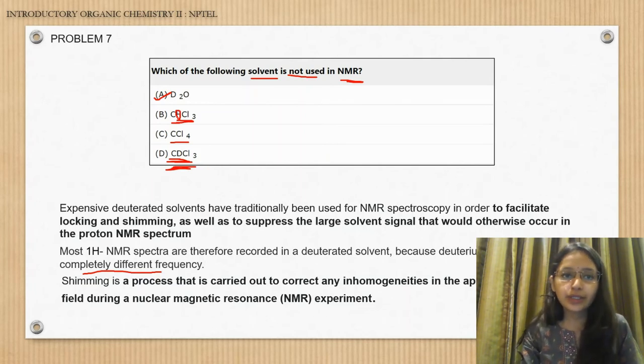Okay, so which of the following solvents cannot be used in NMR? Now what do you think, which solvent is not suitable for the NMR? Any guesses?